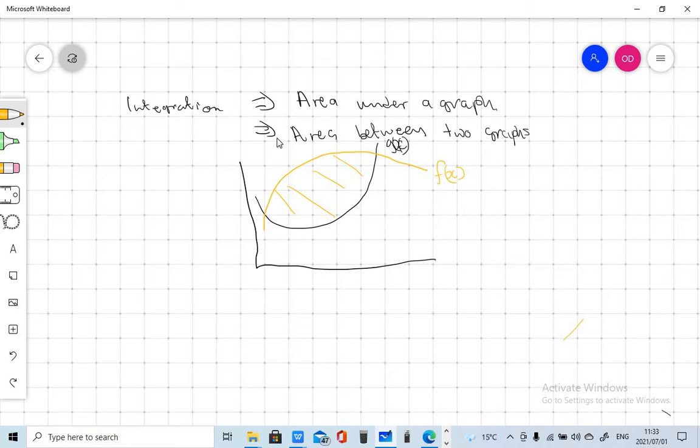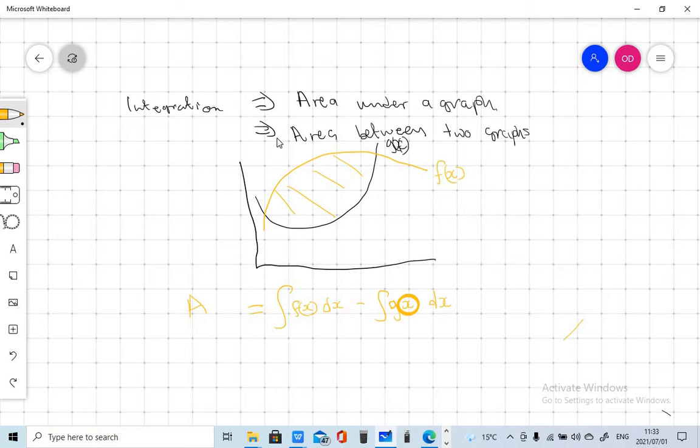Therefore, you just integrate. You find the integral of f of x dx, and then you subtract the lower graph, the integral of g of x dx, and the difference between the two is the area.